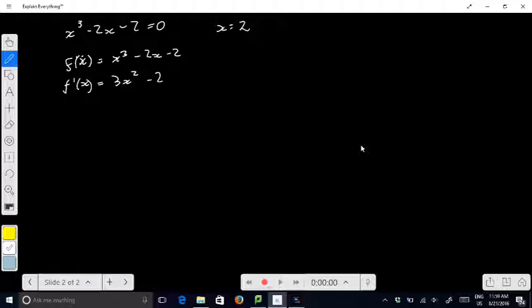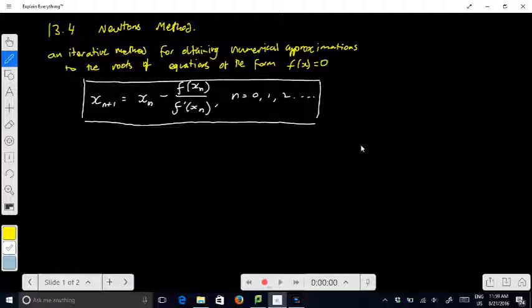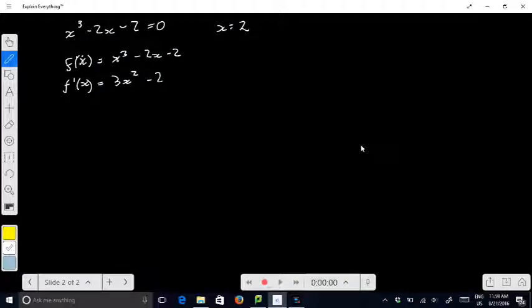Now, from this formula here, we've got our x of n plus 1 is going to be x of n take our original function over the derivative of the original. So x of n plus 1 is xn take the original function over the derivative.